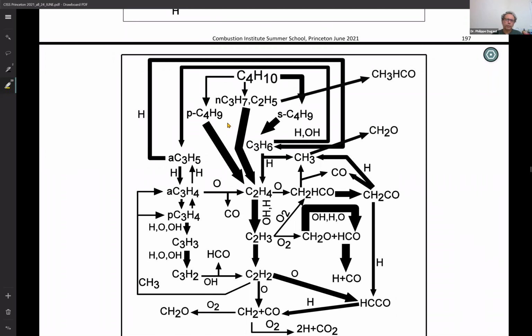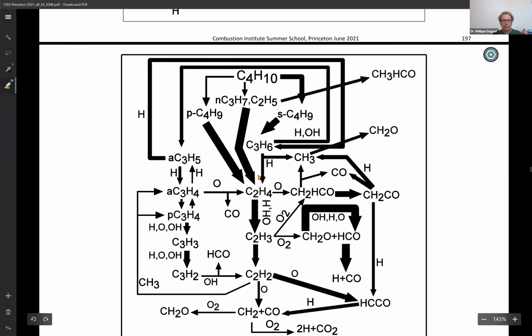Primary C4H9, secondary C4H9. By H atom abstraction, it can also decompose and produce C3 and C2 alkyl radicals. Those will oxidize and produce ethylene, and then we are back to the previous system where ethylene was the fuel.